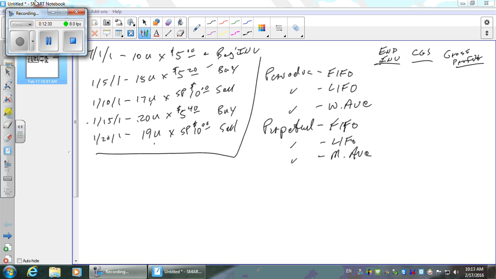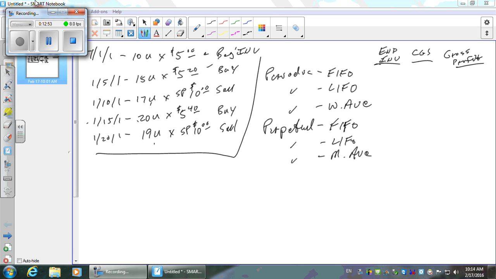So perpetual is going to give me a different answer than periodic. Not for FIFO, though, because I'm always selling the old ones with FIFO. So it gives me the same answer both ways. When we get to perpetual, that'll make that clear. But perpetual, LIFO, and moving average are typically different. They don't have to be. You could, by coincidence, with these simple little problems, get the same, but in real life, they'll always be different.